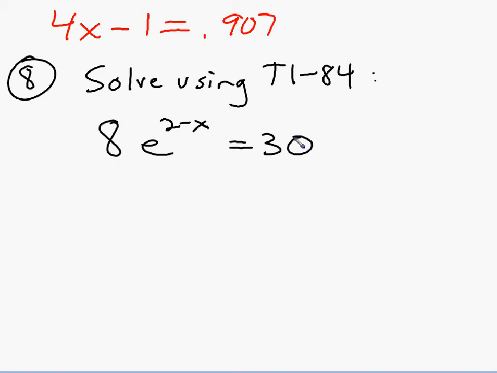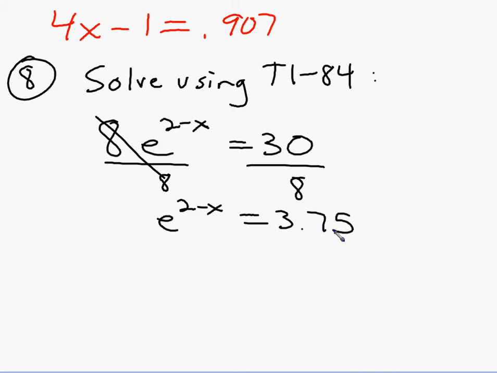What would I do? Well, here's what I would do first, is I would go ahead and divide both sides by 8. So I have e to the 2 minus x equals whatever 30 divided by 8 is, 3.75.